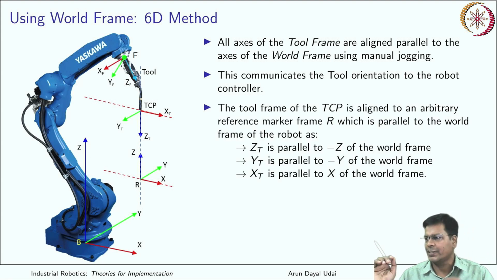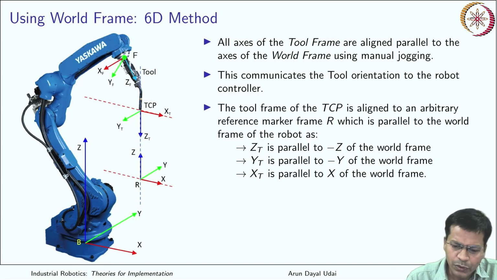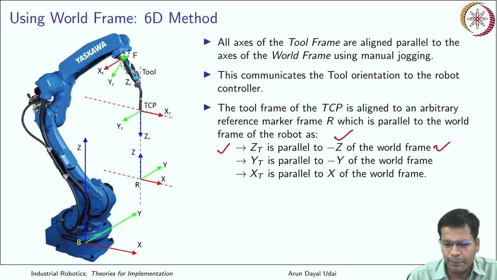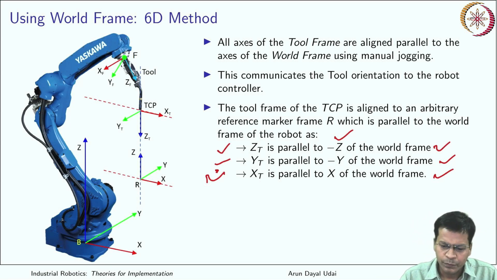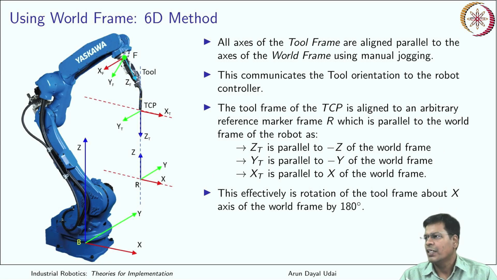So how they are placed is something like this. You see, the Z axis is parallel to minus Z of the world frame. The X axis is parallel to the X axis of the world. The Y axis is parallel to minus Y of the world frame. This is how you have to align through manual jogging only. So this effectively is a rotation of the tool frame about the X axis by an angle of 180 degrees.